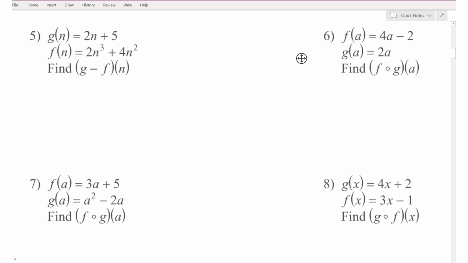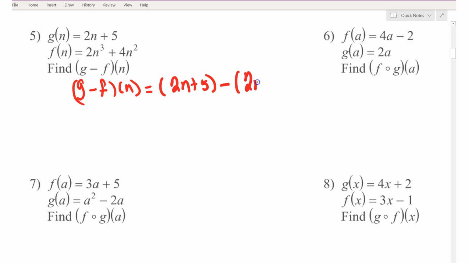Now we're going to go ahead and subtract, and we have g minus f of n, and we know that g is 2n plus 5 minus f, which is 2n cubed plus 4n squared. So you probably want to distribute the negative 1.